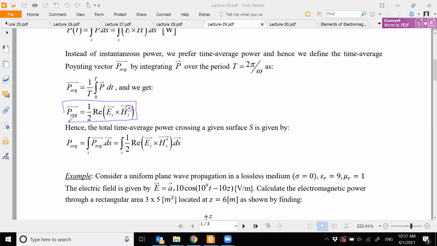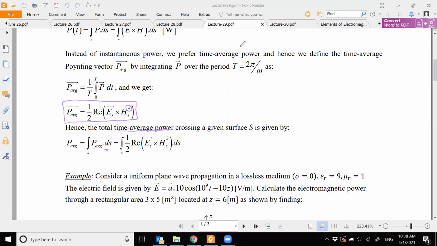Now this average power density, or average Poynting vector, if you integrate it over any surface, will give you the time average power. That is, the time average power is equal to the integral over S of P average vector dot ds, which is the integral over S of half times the real part of ES cross HS conjugate ds.